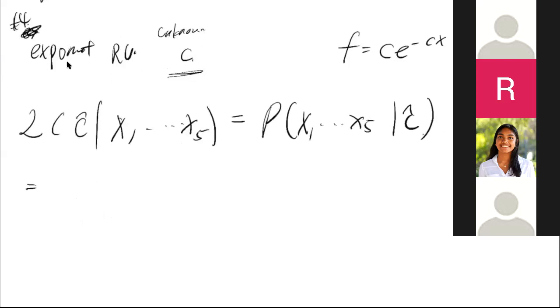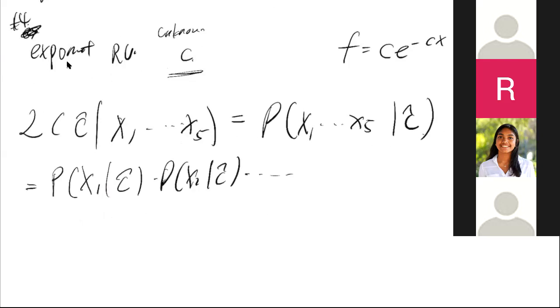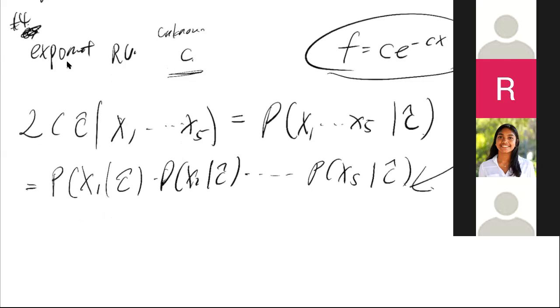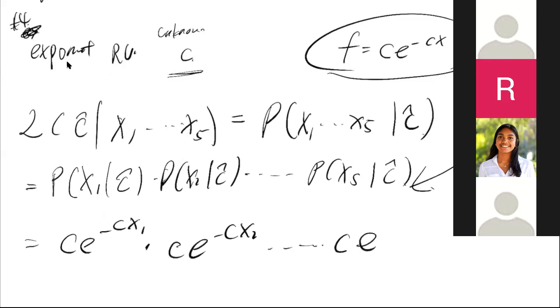Because of the independence, the joint probability can be written as x1 given c times x2 given c, up to x5 given c. Because this is our exponential distribution, we plug it in: c times e to the negative cx1, times c times e to the negative cx2, up to c times e to the negative cx5.